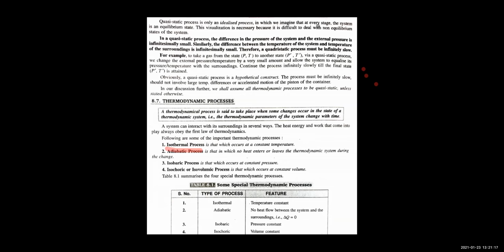So children, for adiabatic process, our relation of ideal gas can be written as PV raised to gamma equals to constant. Now children, what is gamma?